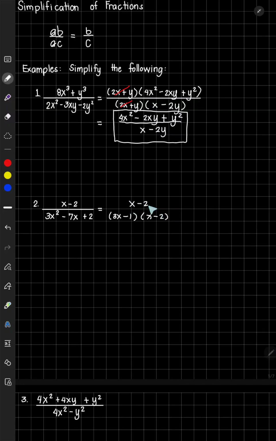As we can see, the numerator has x minus 2 and the denominator also has x minus 2. So we can cancel that out. To simplify, we will have 1 all over 3x minus 1. And that would be the simplest form for this rational expression.